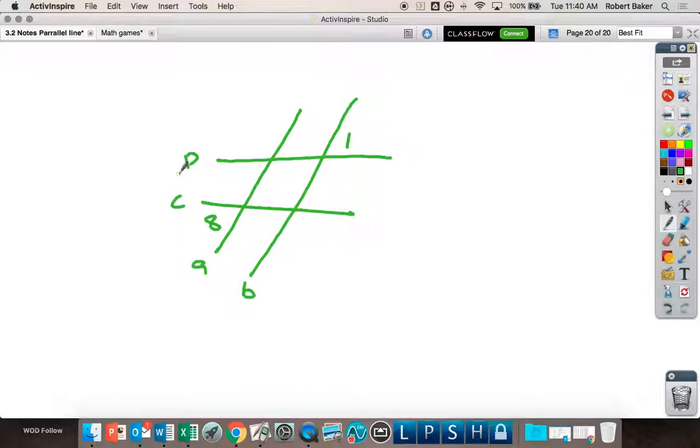It's going to tell you that A is parallel to B and C is parallel to D, given, and it wants you to prove that angle 1 is congruent to angle 8. And then there'll be stuff everywhere.